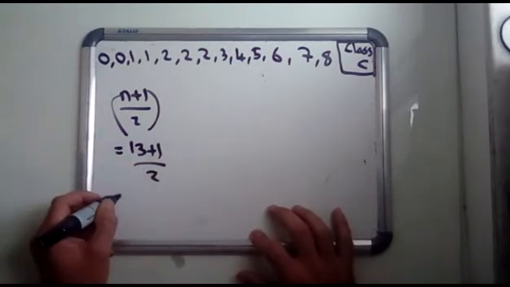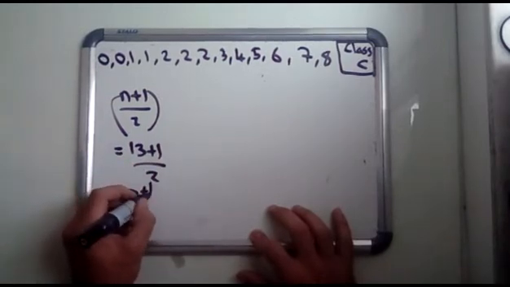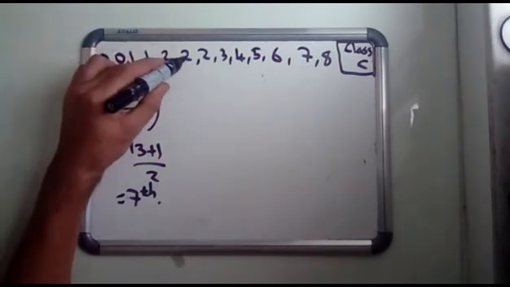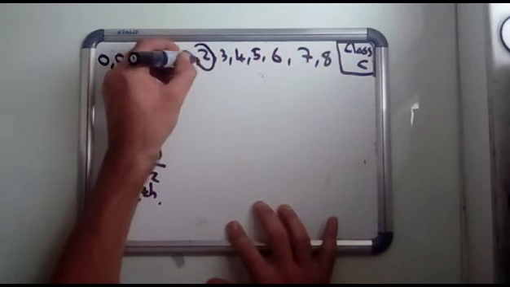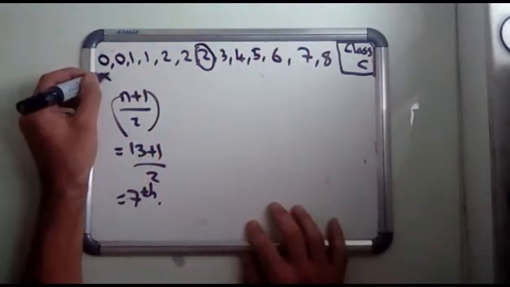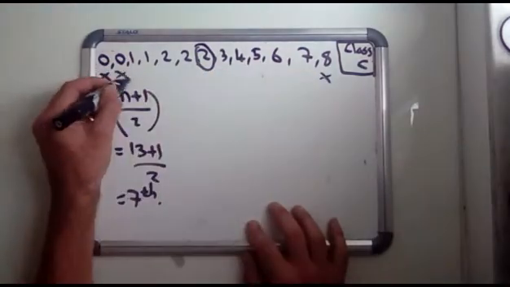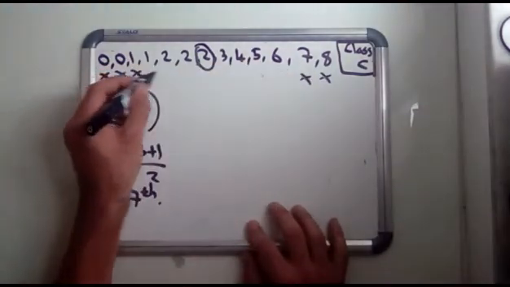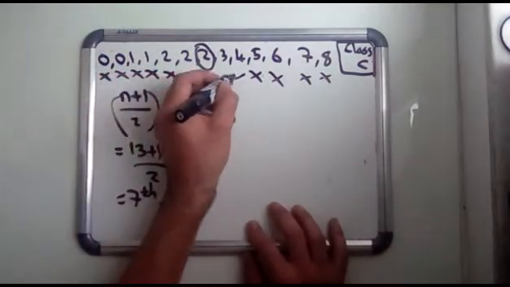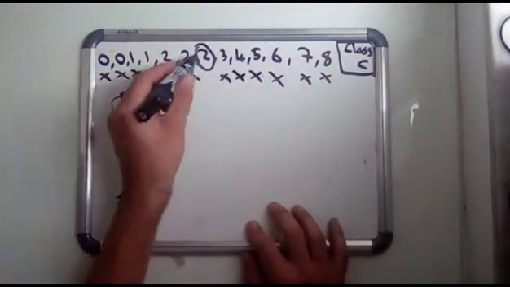Well, 14 divided by 2 is 7, so the seventh number is the median. With a nice small data set like this, you could have checked that by crossing from either end, and you still end up there.